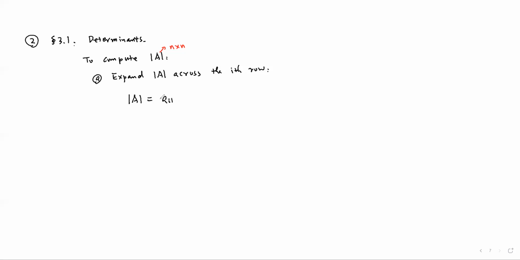Across the first row, the first entry is A_I1, A_I2, up to A_IN. So the formula is A_I1 times C_I1 plus A_I2 times C_I2, up to A_IN times C_IN. That is the formula. C is called the cofactor.